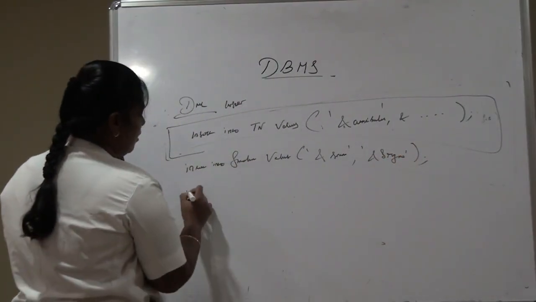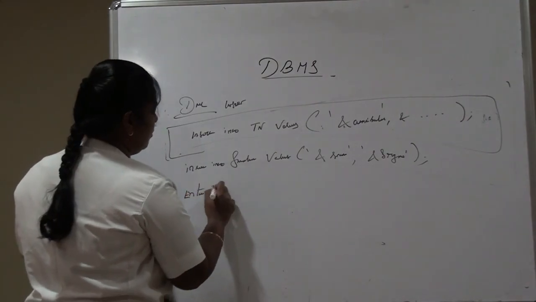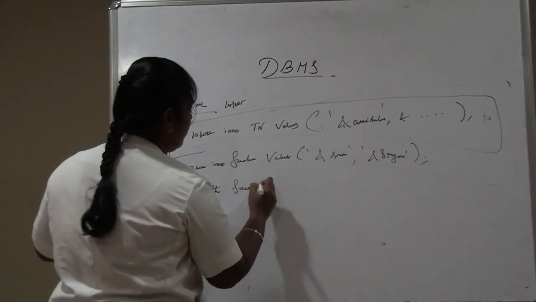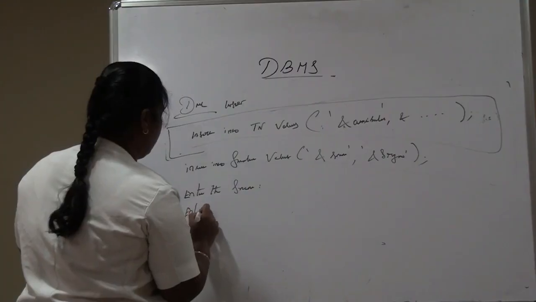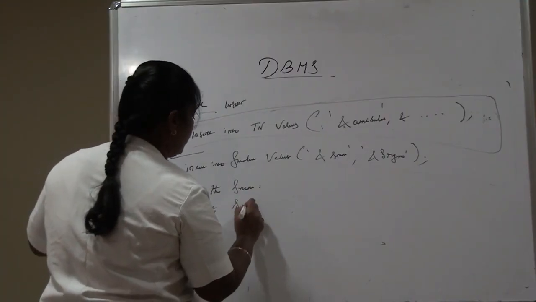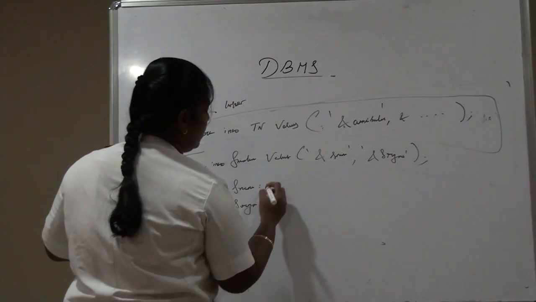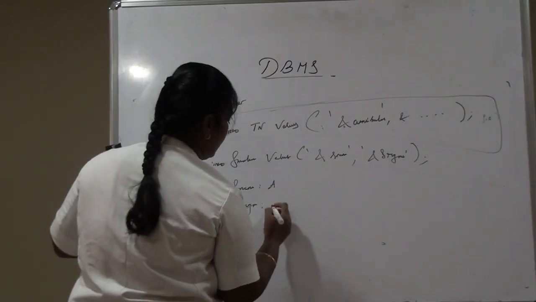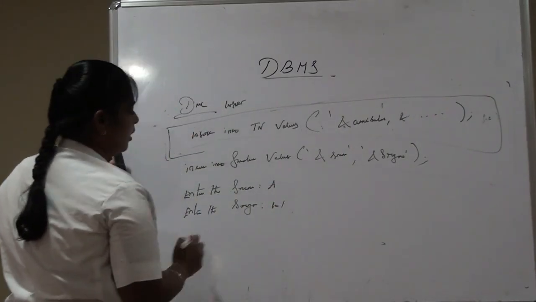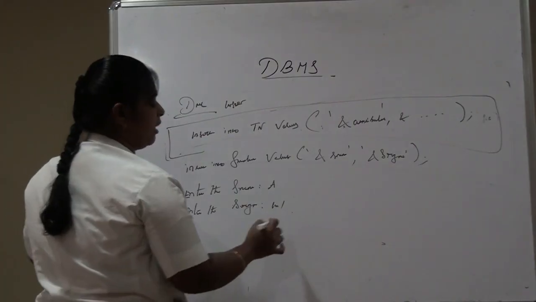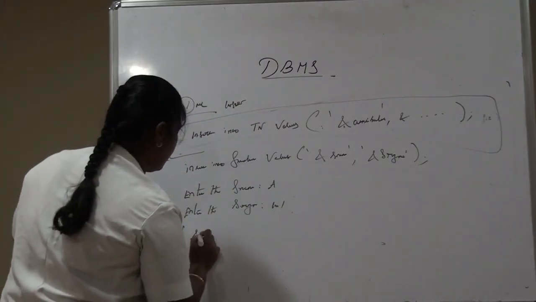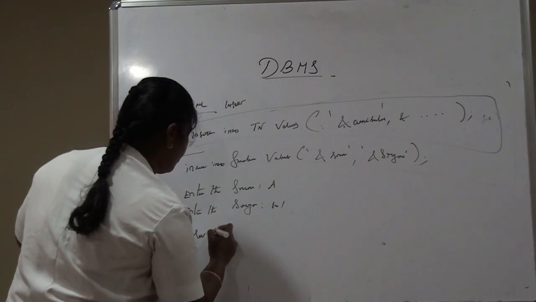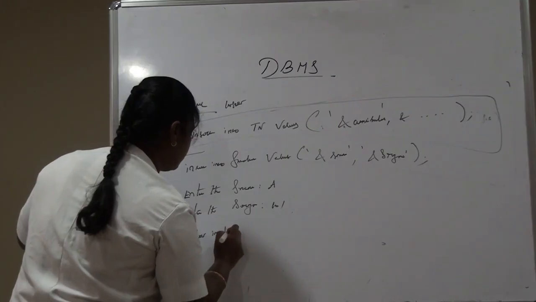Then it asks enter the S name, enter the S reg number. Here enter the A, enter the 101. Again we see the same; the output says one row created, one row inserted.